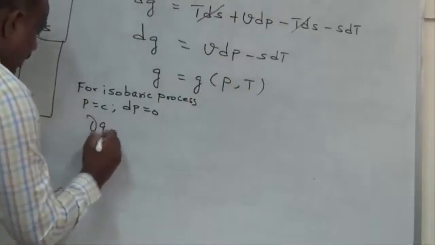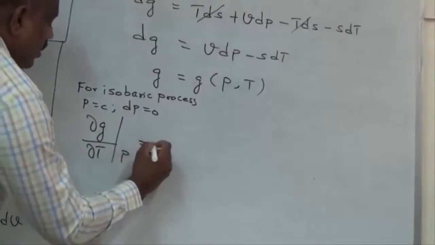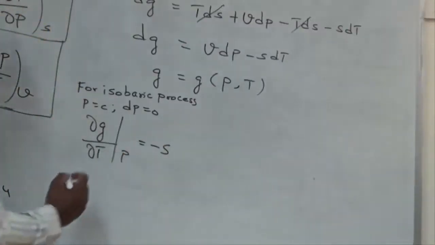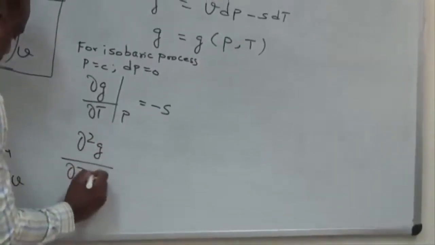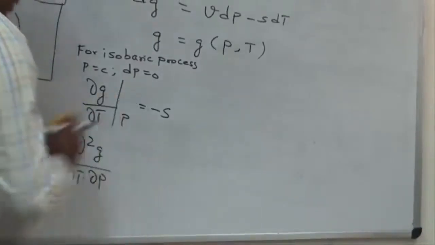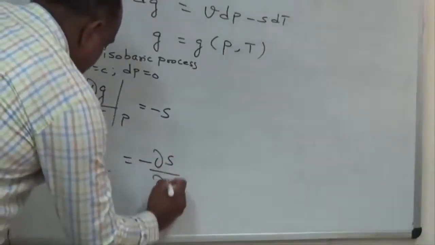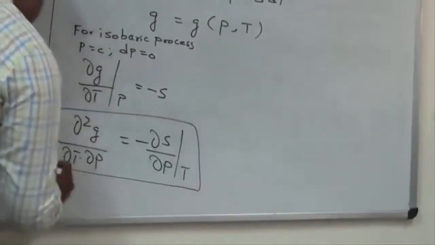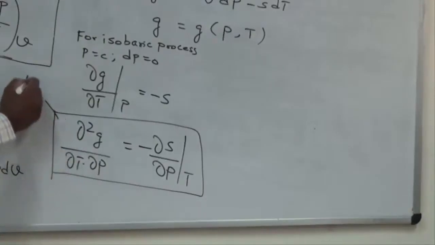So it becomes ∂G/∂T at a constant pressure equal to minus S. Differentiate once again to get the second order derivative. So ∂²G/∂T∂P will be equal to minus ∂S/∂P at a constant temperature. If you want, we can give this equation number 16 or some number.